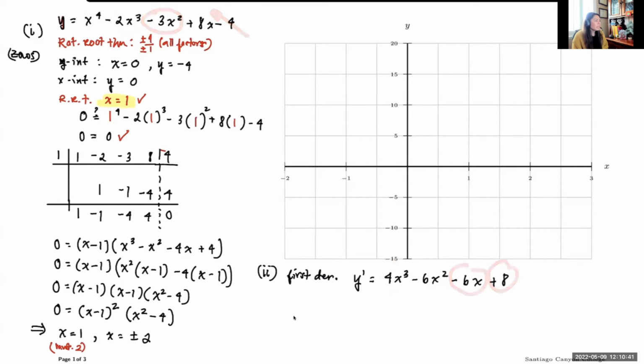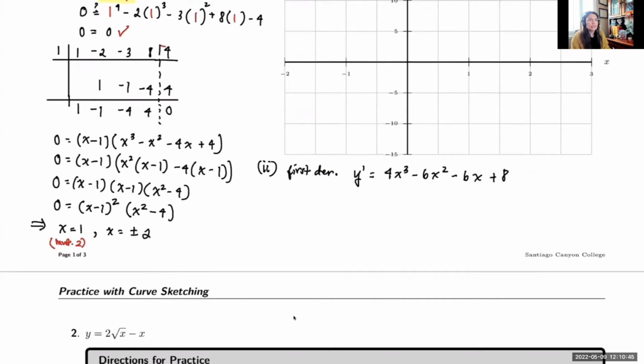With this piece, I do see that there's a common factor of 2, so I'm going to go ahead and factor out a 2. And again, what we want to find are critical numbers. Once we find the critical numbers, we determine which ones are local extrema.